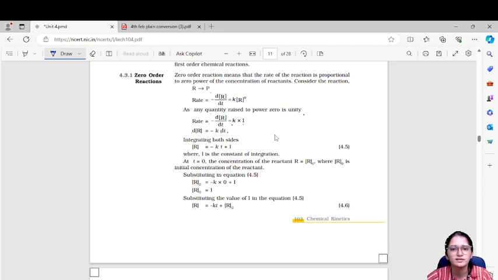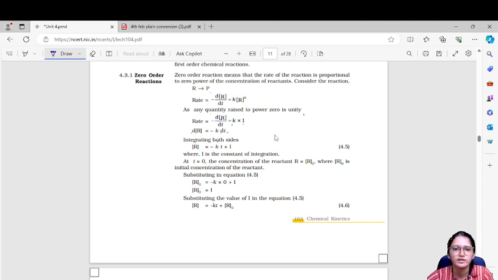Okay, so dR I am taking this side, then dt and k will be multiplied together, so dR will remain on one side, and the negative sign will be on that side.